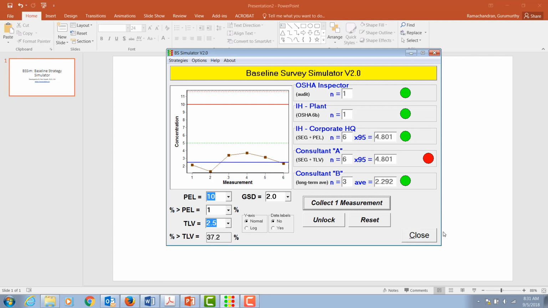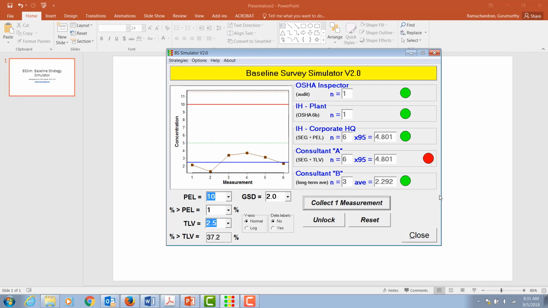And the lesson from this that I want you to take is that when we randomly obtain a few samples, and most of the strategies call for just 1 or 2 samples, maybe 3 at best, except the AIHA strategy used by the corporate headquarters and consultant A, they are typically going to lead to wrong decisions.